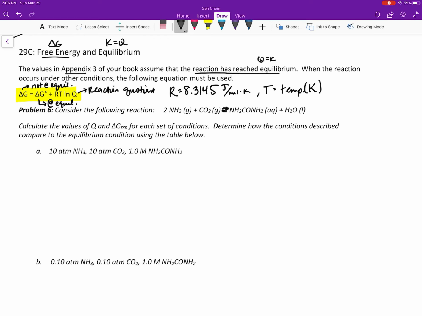The first one says to calculate the Q and the delta G reaction for the following, and then determine how the conditions compare to equilibrium conditions in the table below. So my first thing is that Q is still going to be products over reactants. Water isn't going to appear in my expression because water is going to be equated to 1.